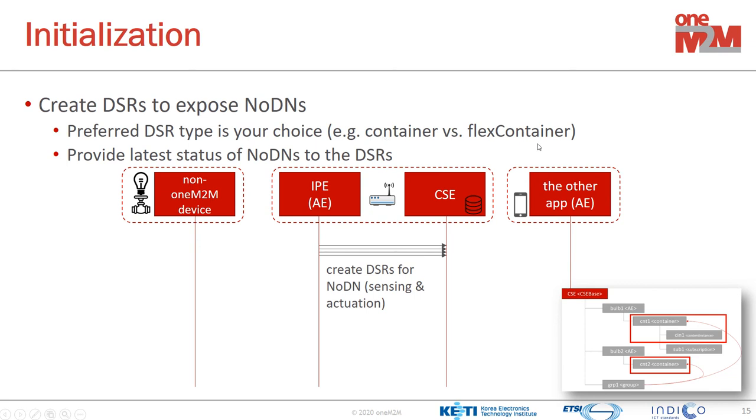Then you choose the type, and if you decide on the container, then the IPE will create the containers for the devices, like sensor measurement data or controllable actuation data and so on. The flow is again really similar to the application developer guide scenario that we had yesterday, and we put the latest sensor reading into those resources. So we are creating these initial resources under the application entities, which represent individual devices.